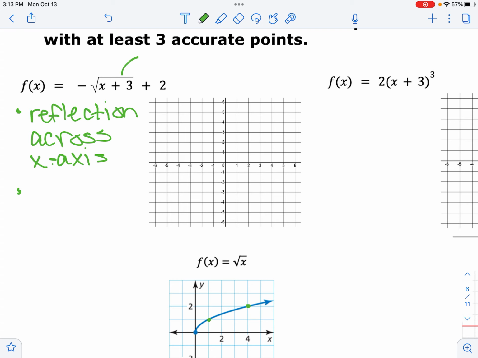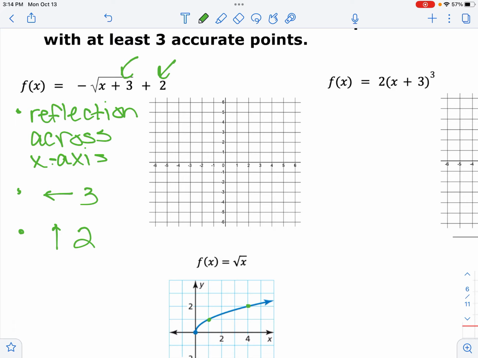it's right there, inside, underneath the square root, I guess you would say, is that it says plus 3. Remember, that works in a little bit different way, is that's going to move it then to the left 3 units. Okay. And then outside, or not underneath the radical or the square root symbol, it says plus 2. And if it's out there, it's going to move it up or down.